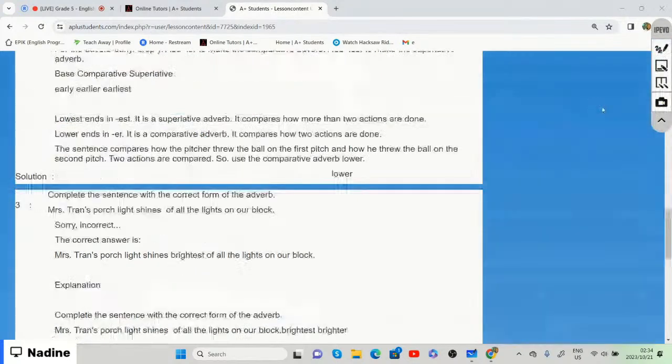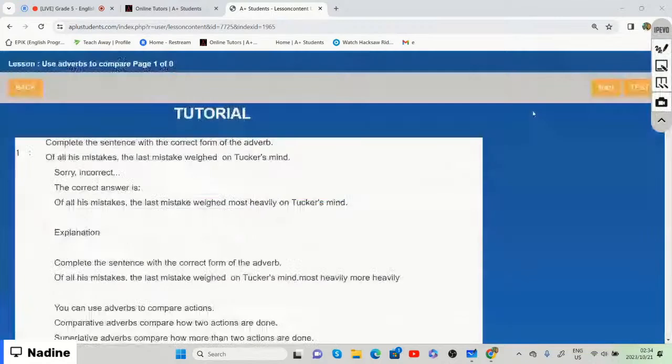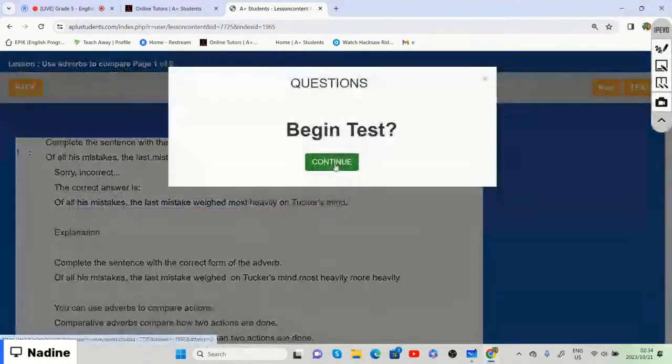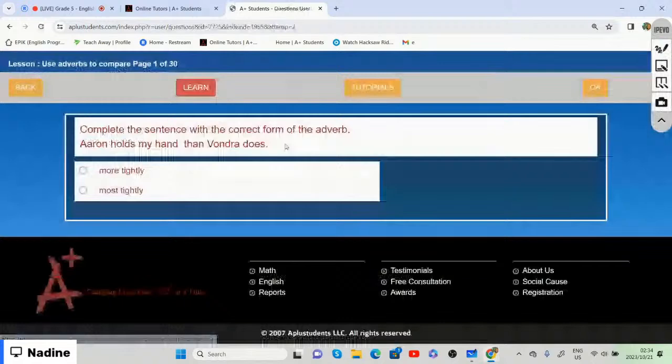All right. Now let's go to our test where we're going to use adverbs to compare. We're going to complete the sentence with the correct form of the adverb. Aaron holds my hand. Do we say more tightly than Veranda does or most tightly than Veranda does?